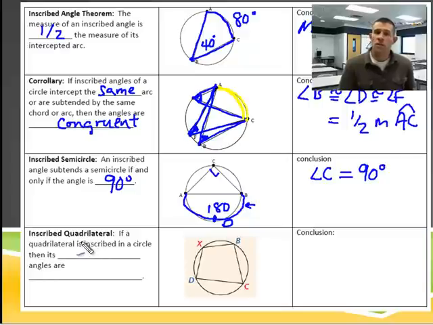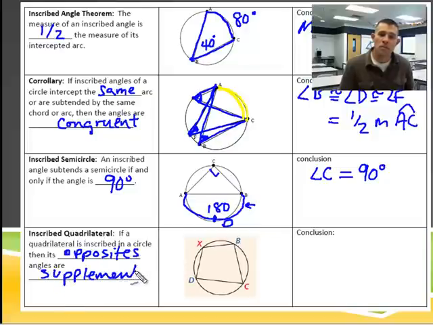And finally, our inscribed quadrilateral says this: if a quadrilateral is inscribed in a circle, then its opposite angles are supplementary. And remember, supplementary means that they add up to equal 180 degrees.